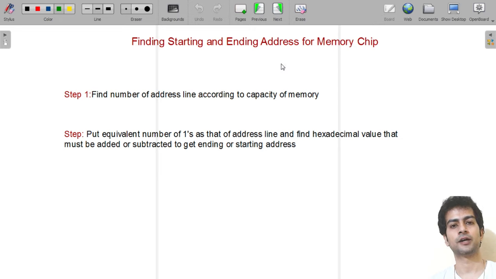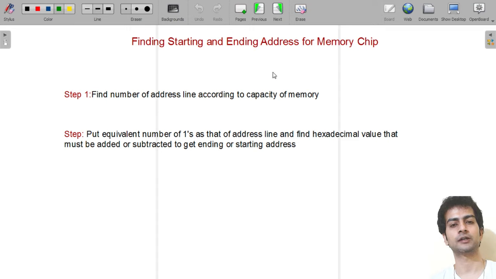Suppose you are given a memory chip, its capacity, and its starting address, and you are asked to find its ending address, or you are given the ending address and asked to find the starting address. This type of question also becomes a part of memory mapping.